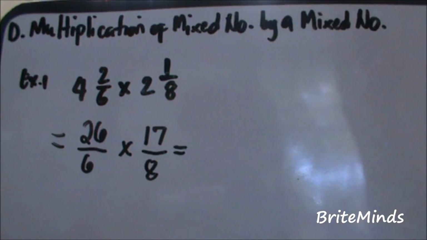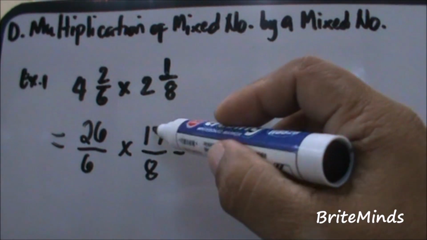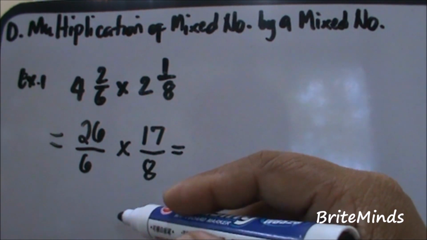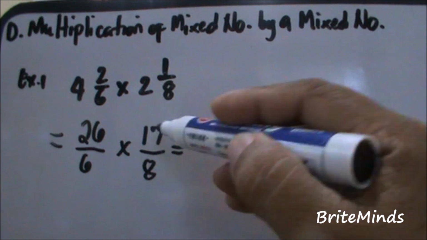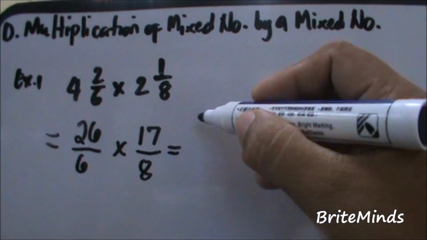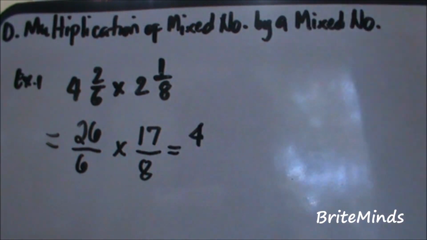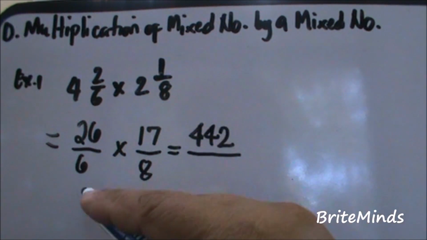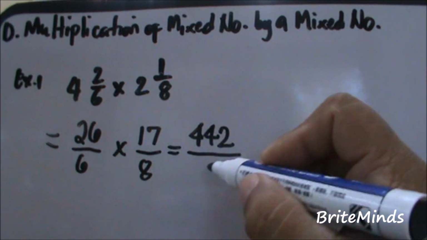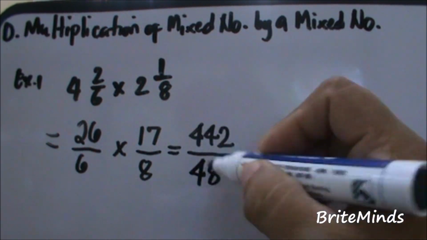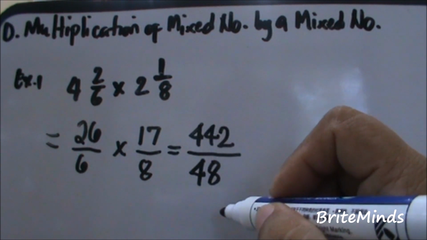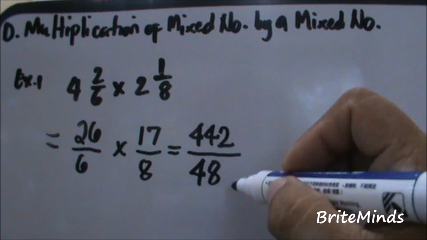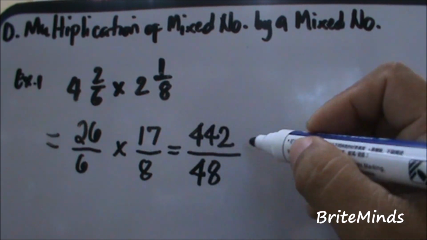Now we can multiply the numerators and the denominators of the fractions. 26 times 17 is 442. Then 6 times 8 is 48. We can reduce it to lowest terms by dividing by a common factor of 2.